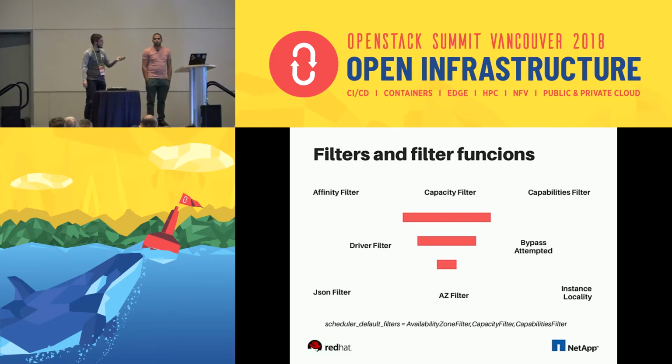And we have many other filters that you can choose. By default, Cinder is configured to use the availability zone filter, the capacity filter, and the capabilities filter. Those three are the default filters that Cinder will use.